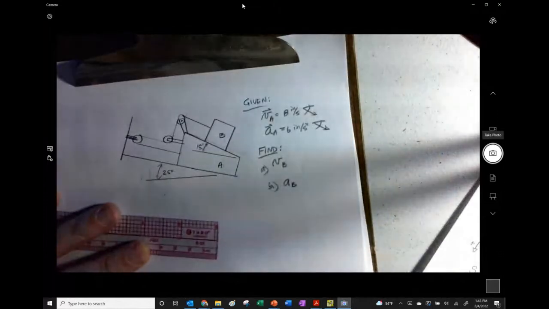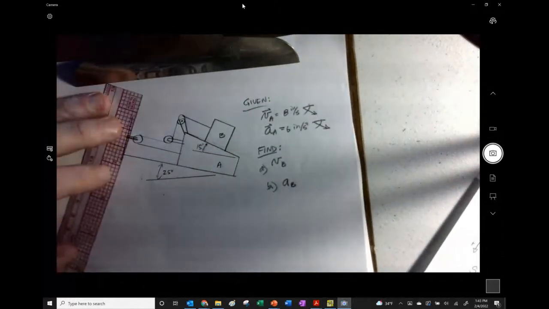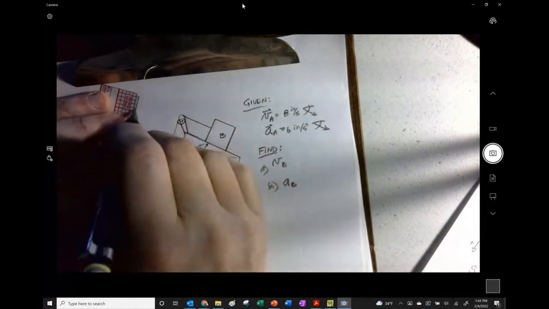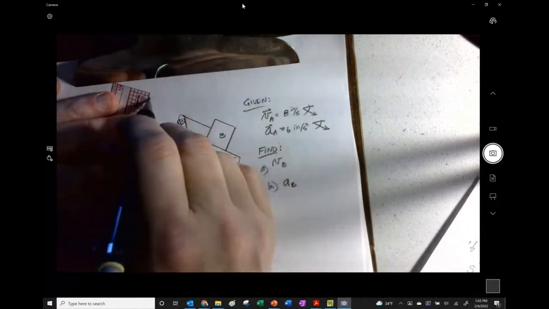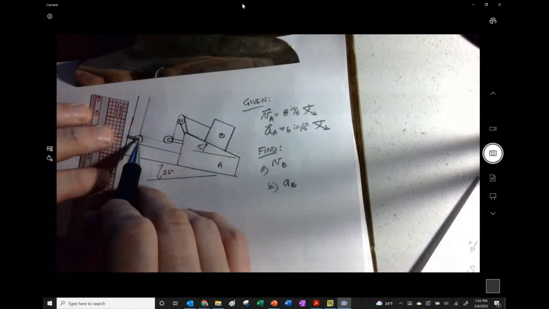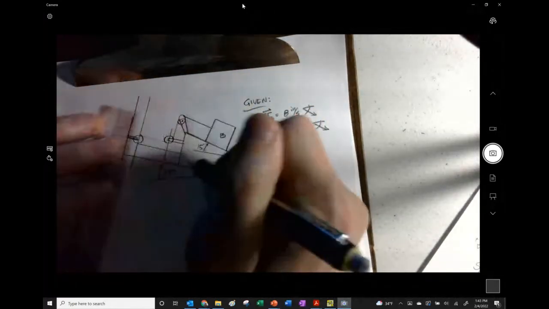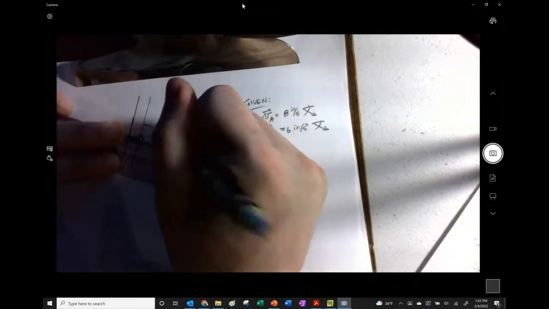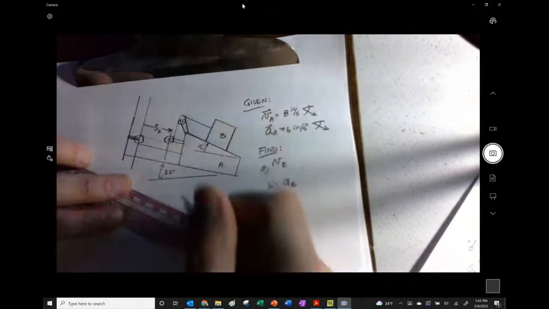Okay, so let me try to remember how to do this. Yeah, this is a tricky one. I know I want to make a reference from here to right there, and I'll call this SA, right?